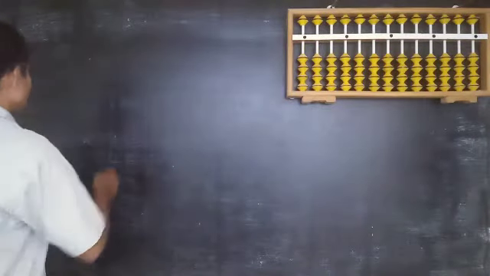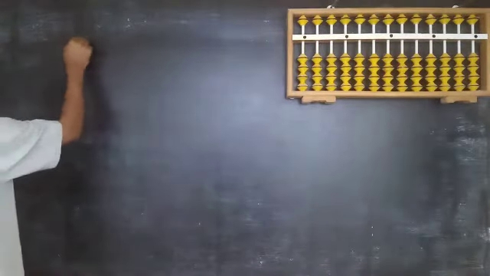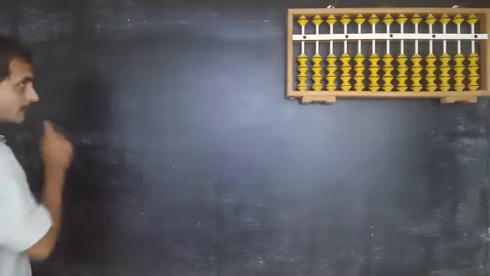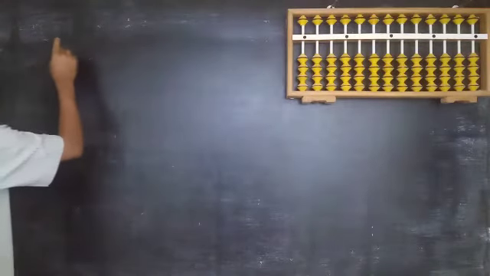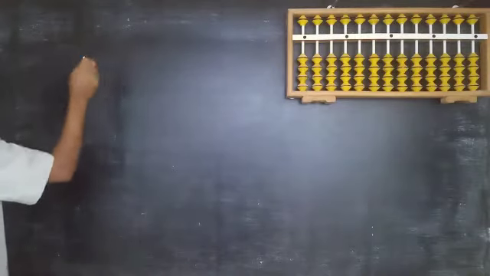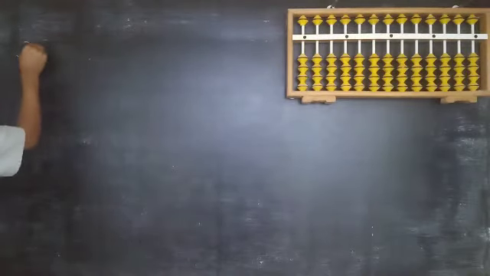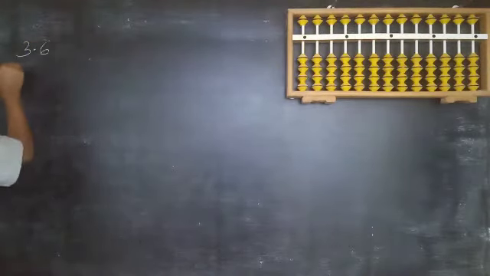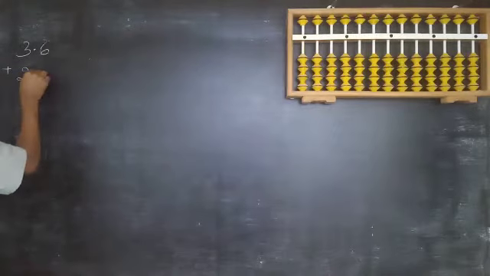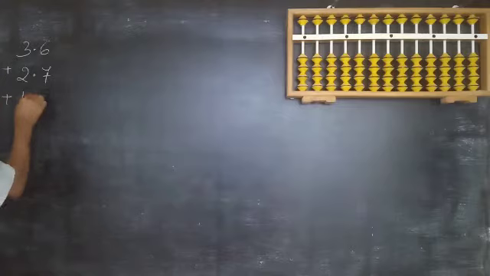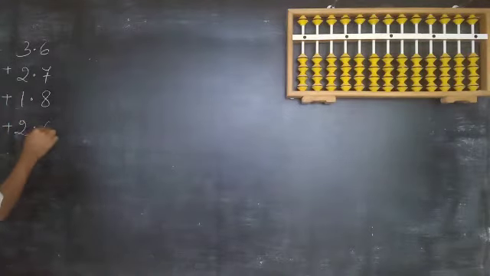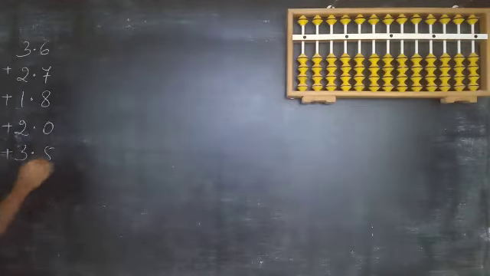See, today I take one problem on addition having decimal place. 3.6 plus 2.7 plus 1.8 plus 2.0 plus 3.5.